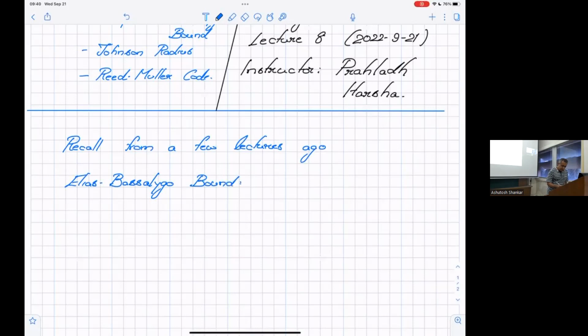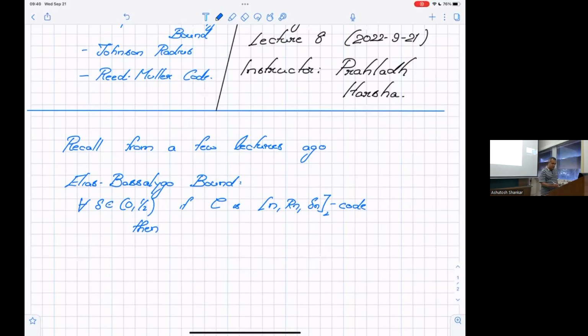The bound said that for all delta in (0, 1/2), if C is an (n, k, delta n) code, then we have something very similar to the Hamming bound.